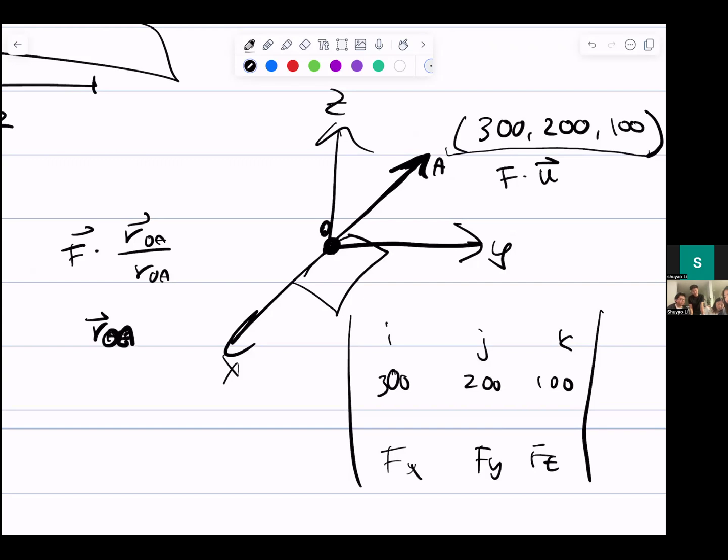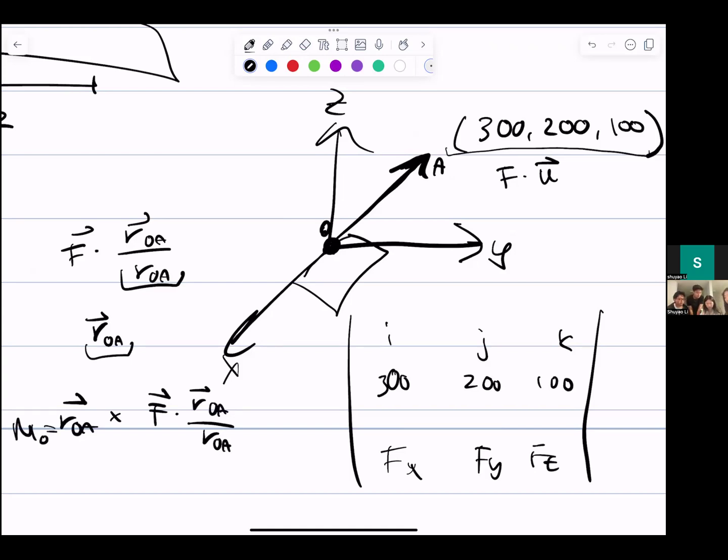Sorry, that's supposed to be OA. This is the unit vector and this is the position vector. So we cross the position vector with the whole thing, the force times the unit vector. And that would be the moment about O.